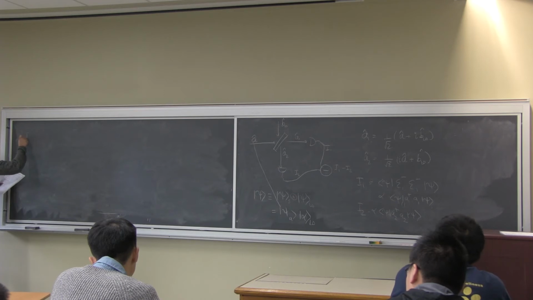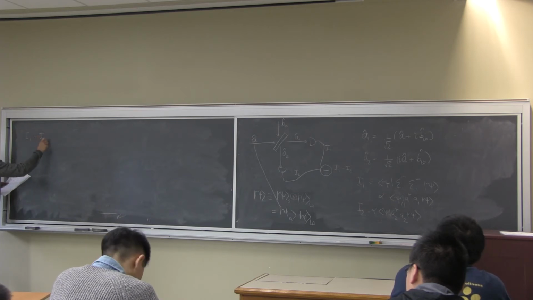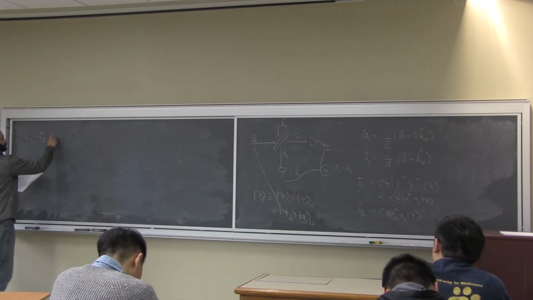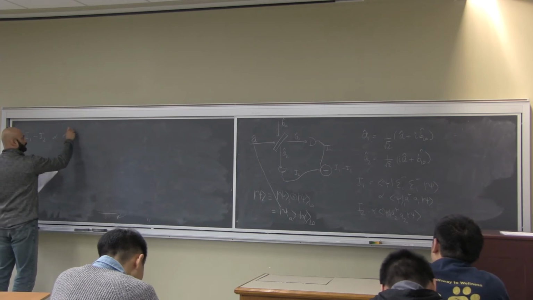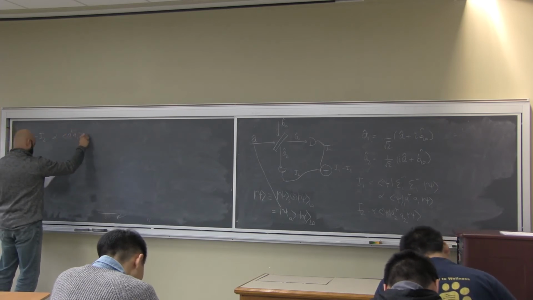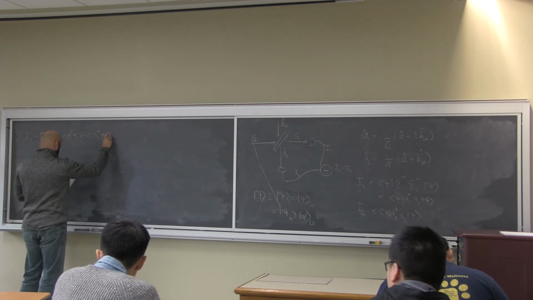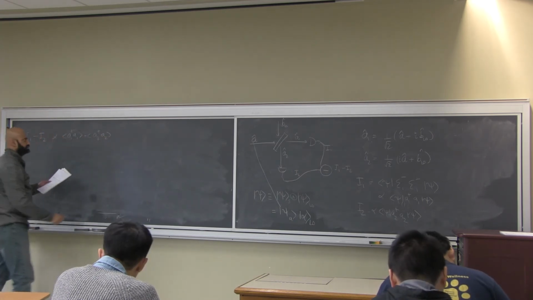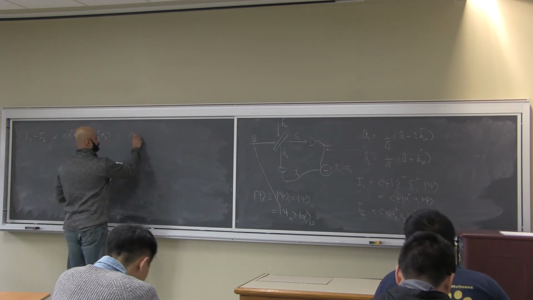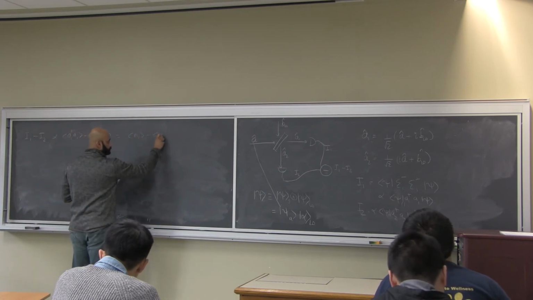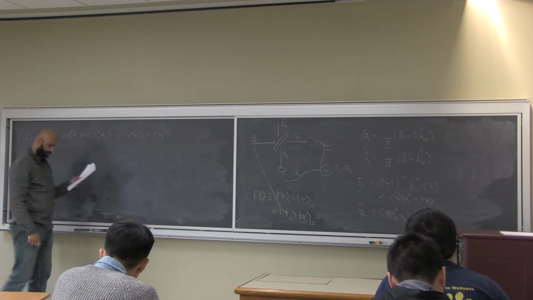Okay, so we already wrote down what I1 and I2 are. So I1 minus I2 is proportional to A1 dagger A1 minus A2 dagger A2, which is just the expectation of the number operators in those two modes, N1 and N2.